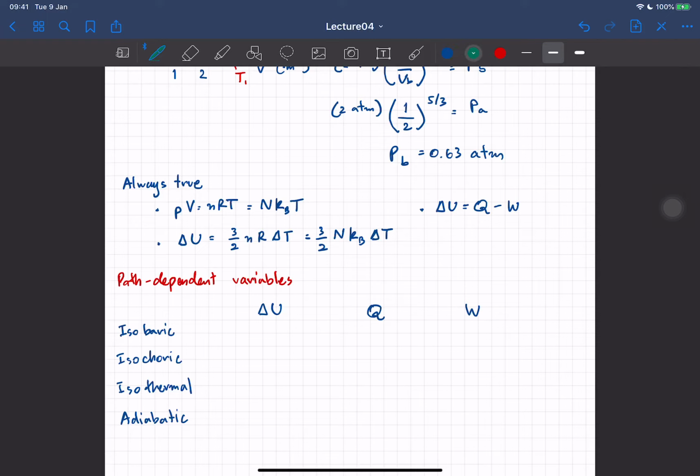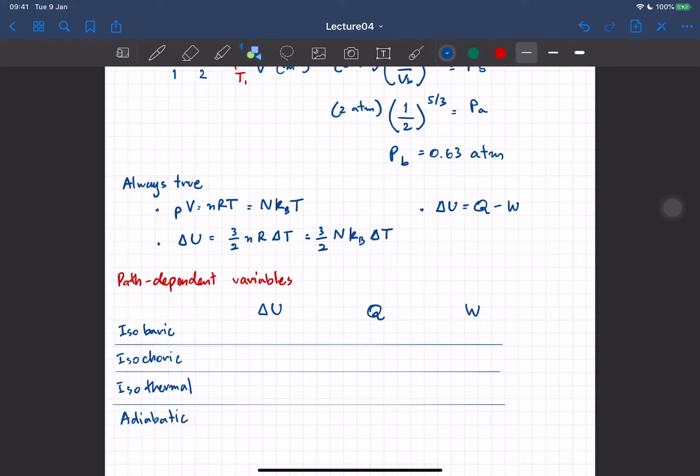So let's do the obvious thing, which is the definition of the process itself. Isobaric, well, maybe we can skip that for now. Isochoric is volume constant. Volume constant means work is 0. Actually, let me just draw a thin line that divides, so that it is clear what we are talking about. So isochoric, W is 0.